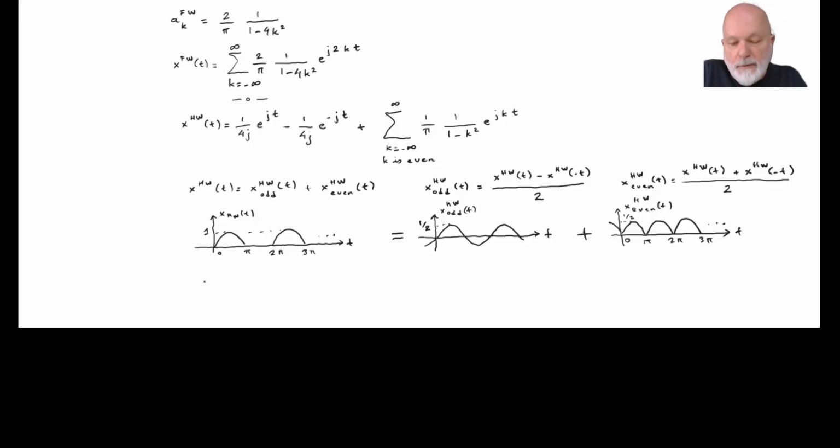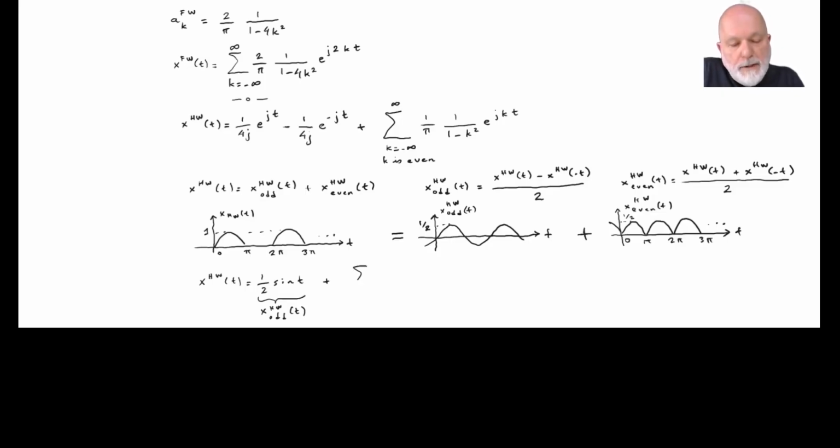Okay, so for the half wave rectified sine signal, the odd part is 1 over 2 sine t. If we look at the first two terms of the Fourier series we have just written above, it is nothing but 1 over 2 sine t. So this is the odd part of the half-wave rectified sine signal plus the remaining part.